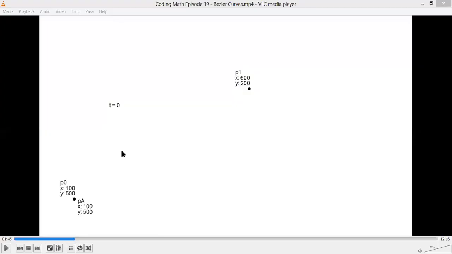Yes. So here, let us see for only the first 2 points, where we have point P0 and P1, having x 100 and y 500 coordinate, and P1 x 600 and y 200 coordinate, right? So we'll see what is going to happen over here for a Bezier curve.